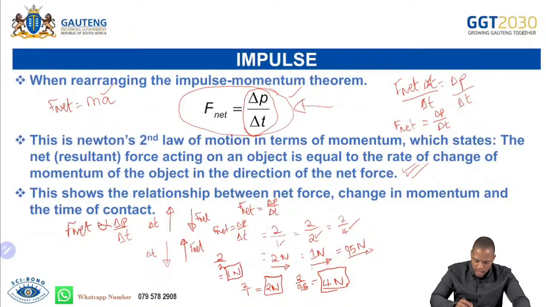We are saying the net force is going to depend on the amount of time it takes the object to come to a stop. This is giving us an idea, a picture as to the reason these cars are now weak while the other ones used to be strong.